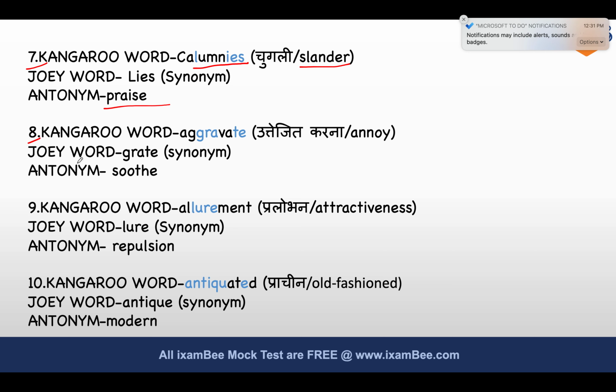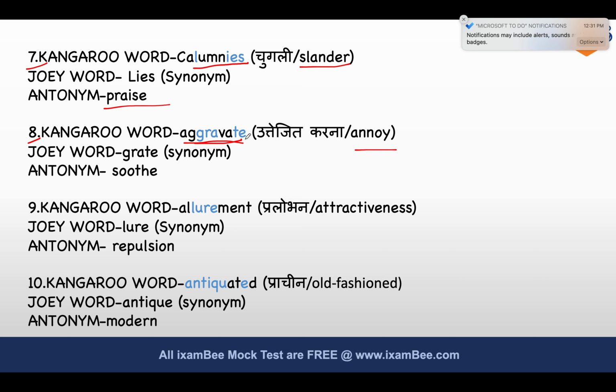Aggravate. Now the word aggravate means to annoy. Yes? To irritate someone or to intensify a situation. That is also another meaning. But the word aggravate means to annoy, to irritate, right? Now the word grate, G-R-A-T-E, also means to annoy someone.